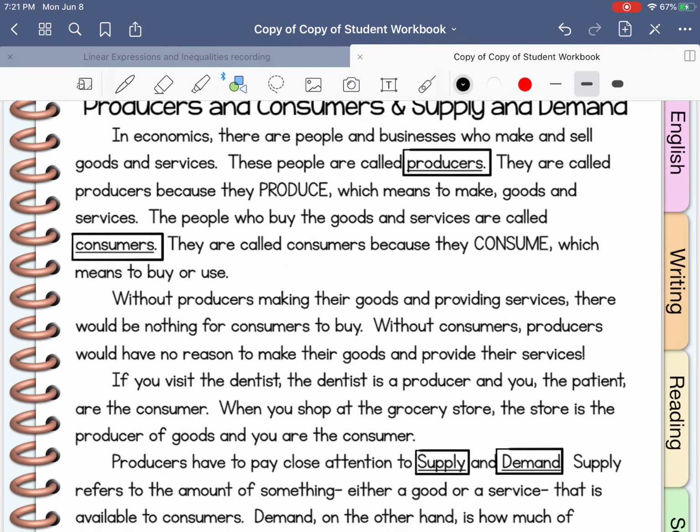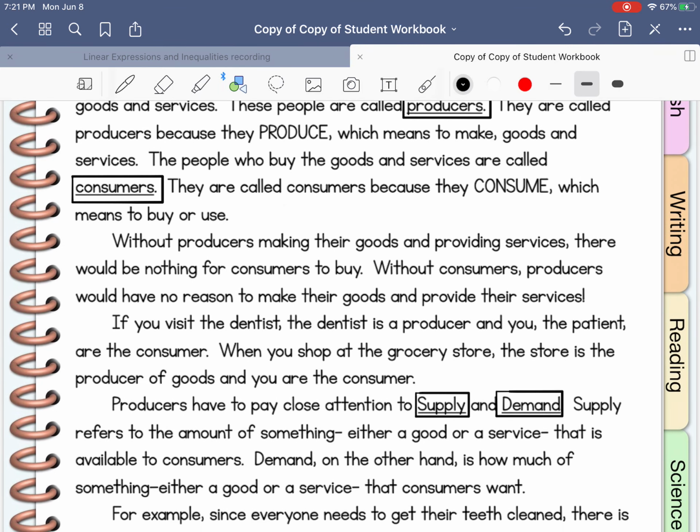Without producers making their goods and providing services, there would be nothing for consumers to buy. Without consumers, producers would have no reason to make their goods and provide their services. If you visit the dentist, the dentist is a producer and you, the patient, are the consumer. When you shop at the grocery store, the store is the producer of goods and you are the consumer.